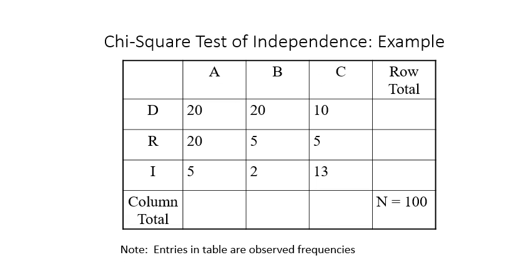So here we have our observed frequencies. Our observed frequencies: 20 individuals who claim to be Democrat would vote for candidate A, 20 who claim to be Democrat would vote for candidate B, and 10 would vote for candidate C. Let's fill out our totals here.